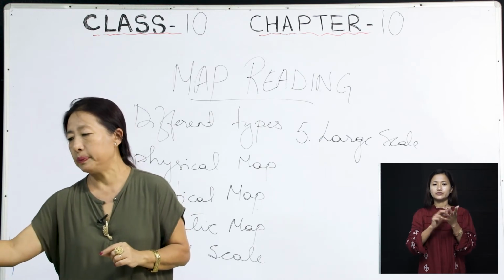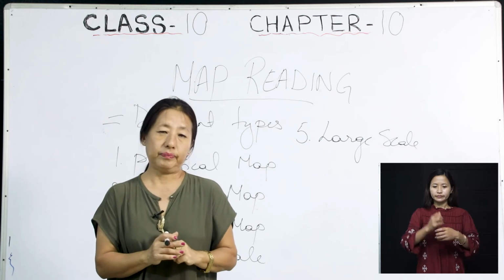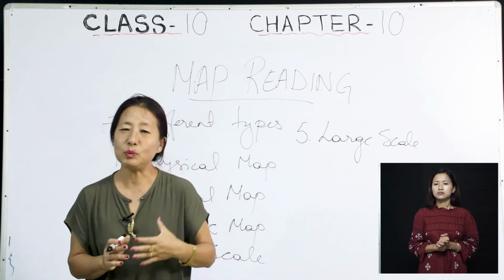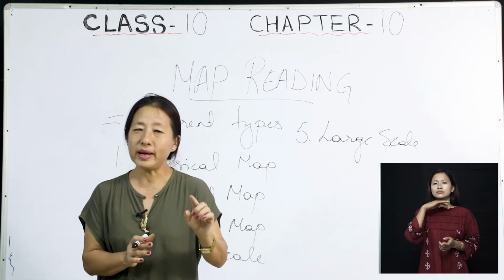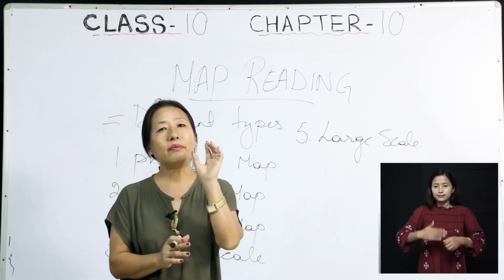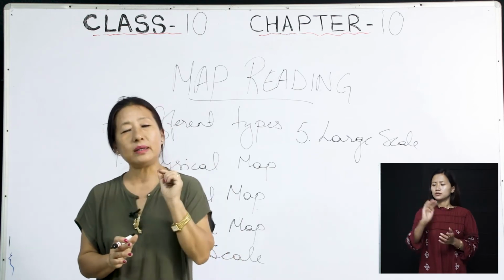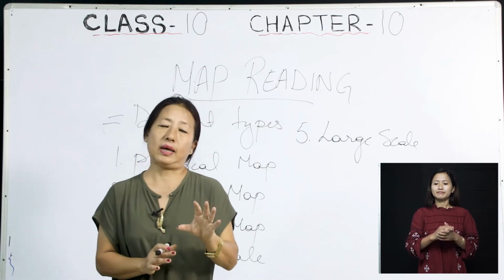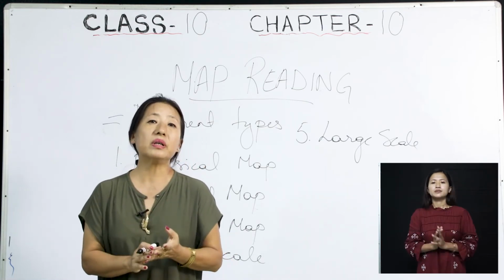Then another one has to do with the green color. If it is a green color, you can wonder what it will indicate, isn't it? Blue means water bodies, so what does green mean, again in the map? If the green color is painted somewhere, it denotes forest or agricultural field.